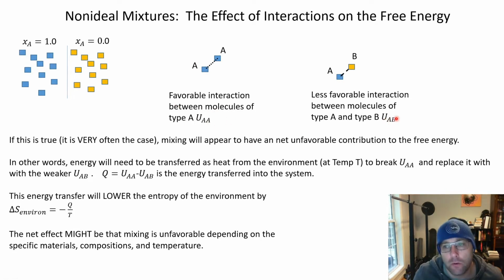We replace it with U sub AB, and we claim that U sub AB is less favorable. In other words, it would take an energy input to change this into this, right?